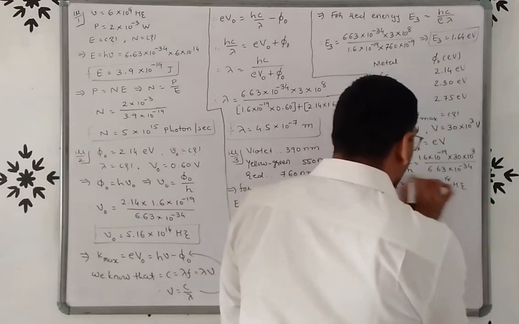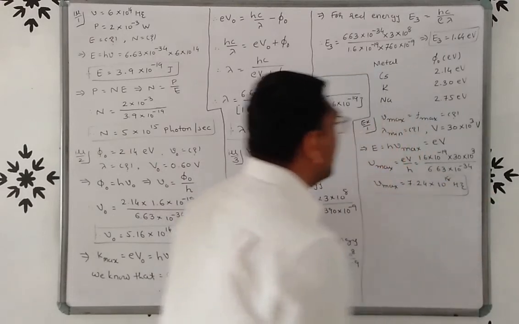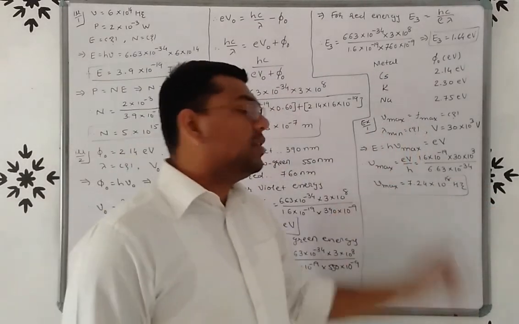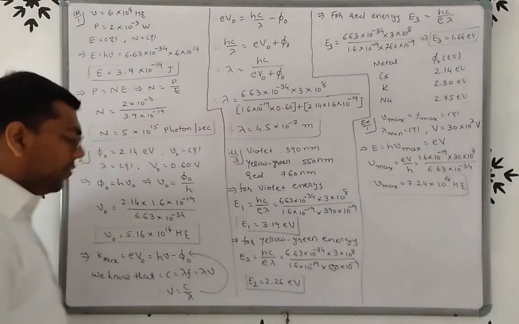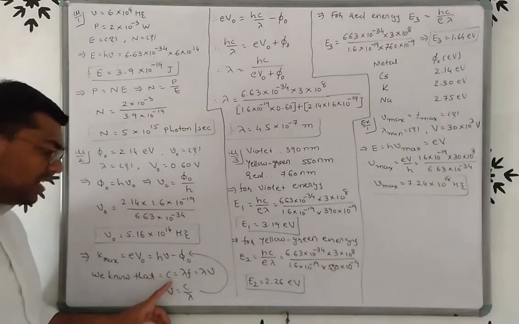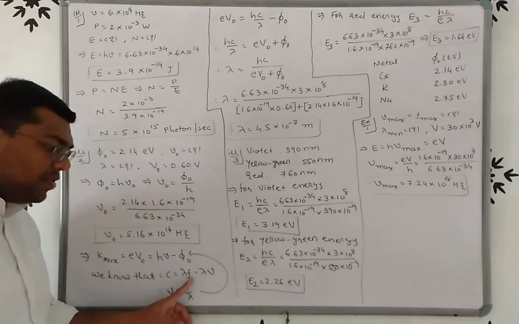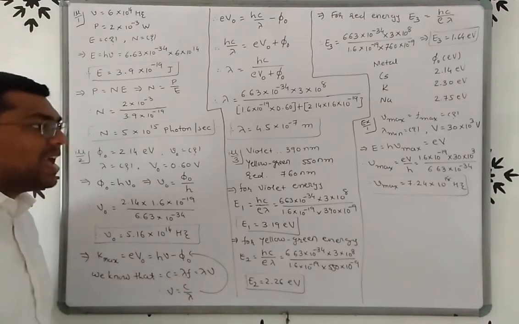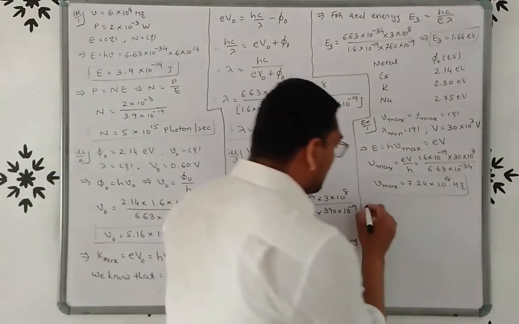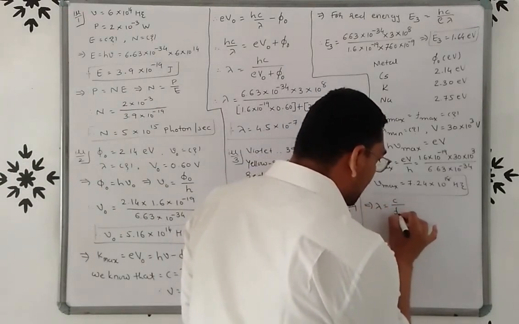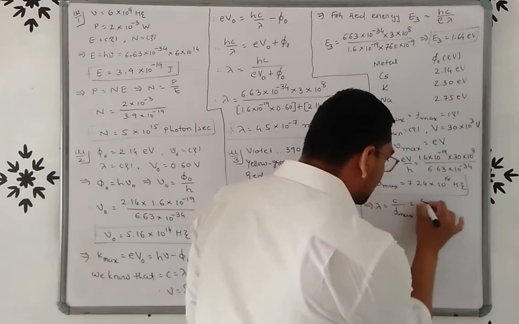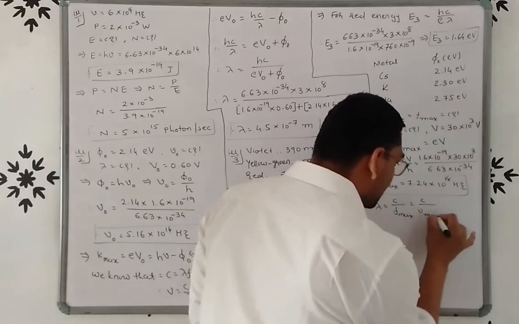Right. Now we have to find out the minimum wavelength. So we already know the formula of wavelength. We know that c is equals to lambda f. So lambda is equals to c by f, right? So lambda is equals to c by f maximum, or you can say c by nu maximum, right?